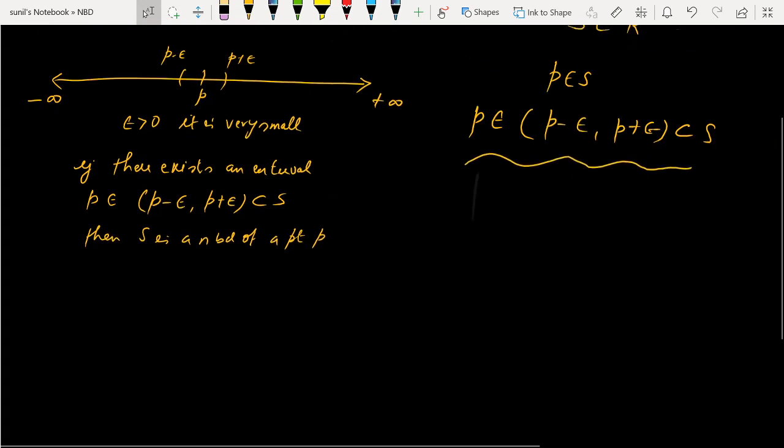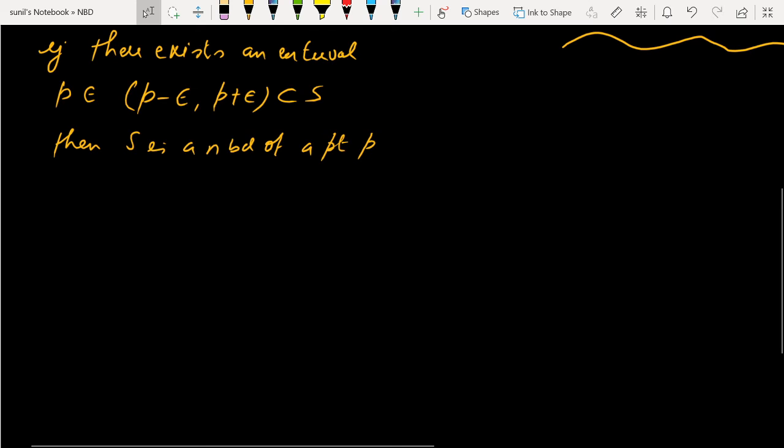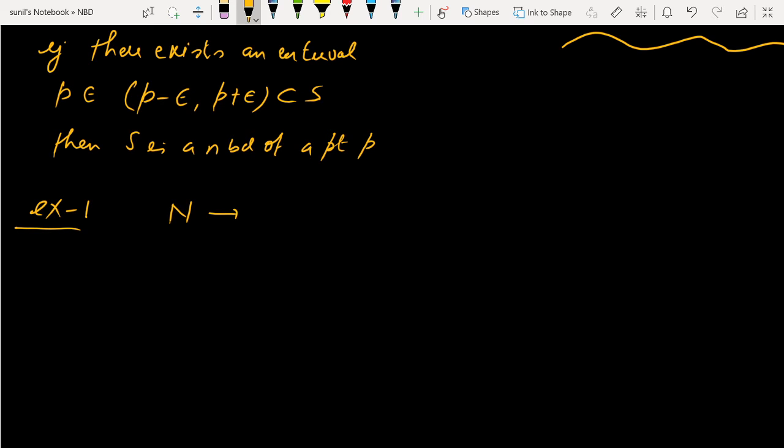My first example: can we say that the set N of natural numbers is a neighborhood of any of its points?